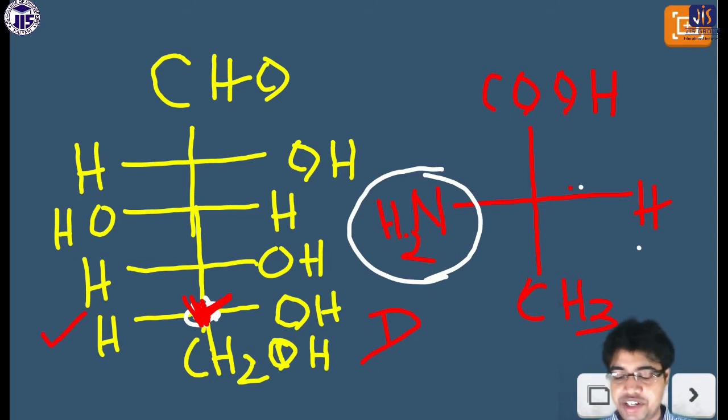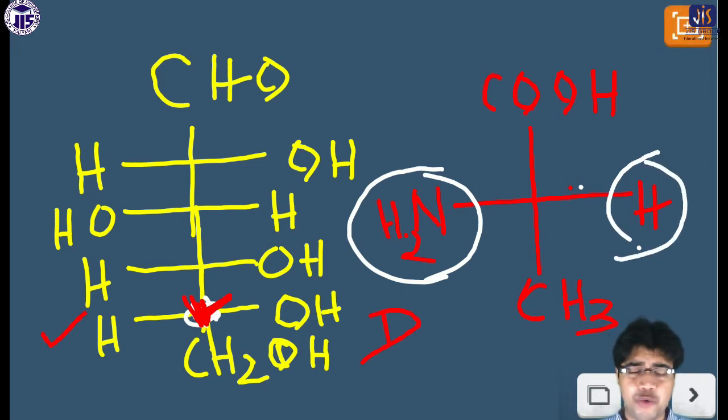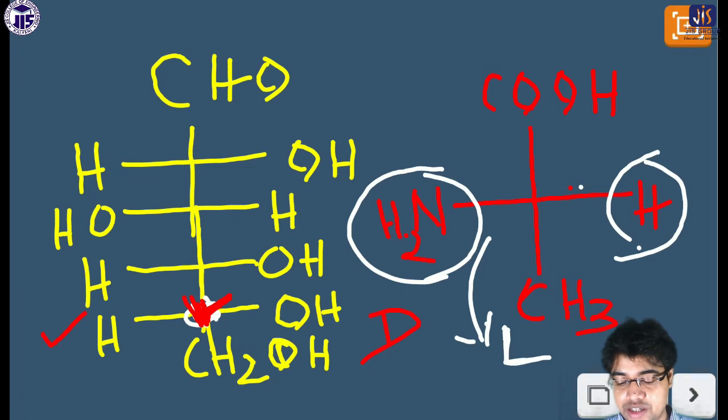Between NH2 and H, which has the higher priority? NH2, because you have to consider the atomic number, and NH2 gets priority over H. So NH2 is on the left side, and it is categorized as an L amino acid. If NH2 is on the right side, then it is categorized as D.